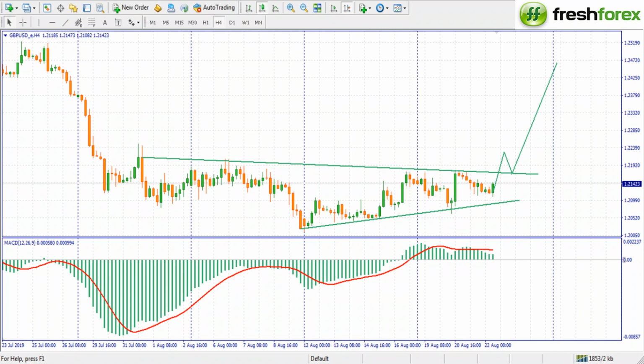On the other side, if price successfully goes below this trend line, that could mean we are continuing to the lower side, so you need to look for sell orders, and that sell order should be pushing us up to this level.